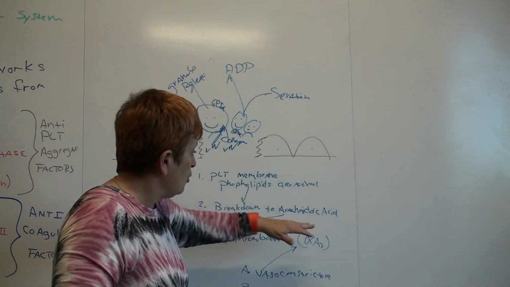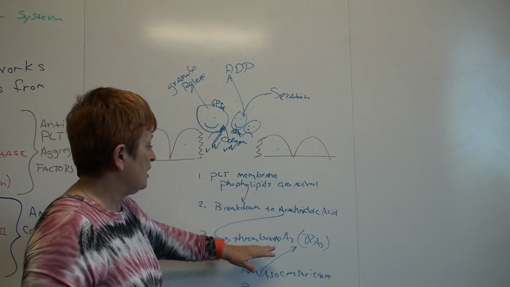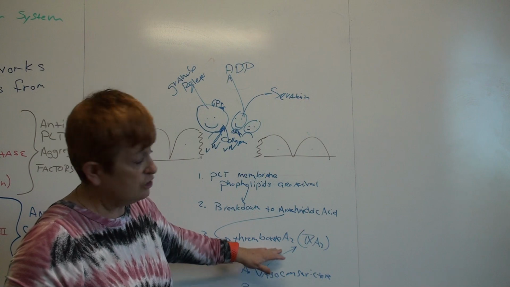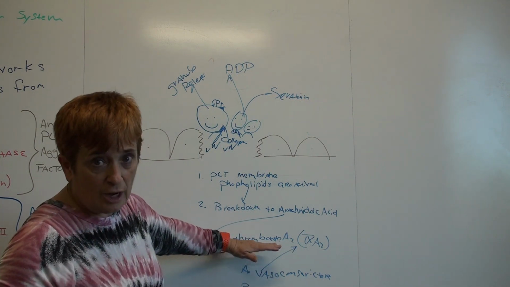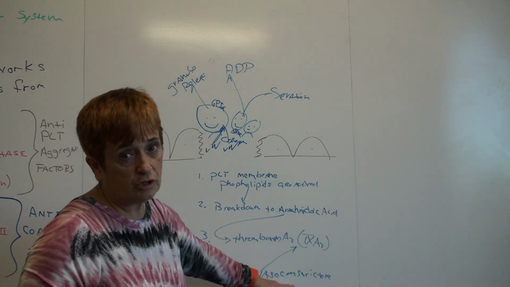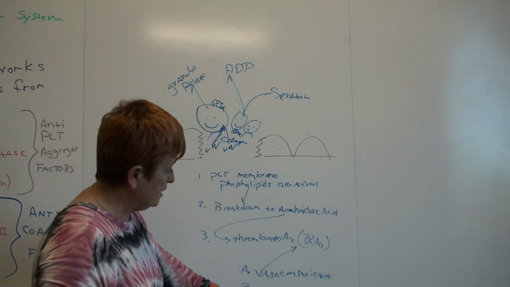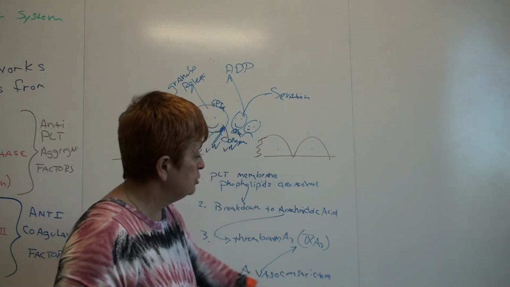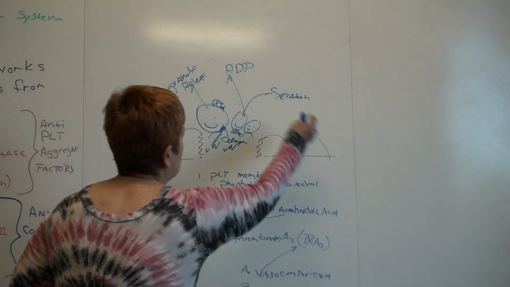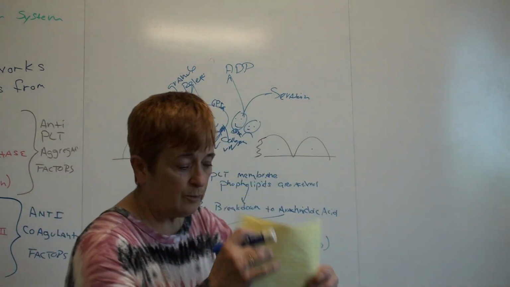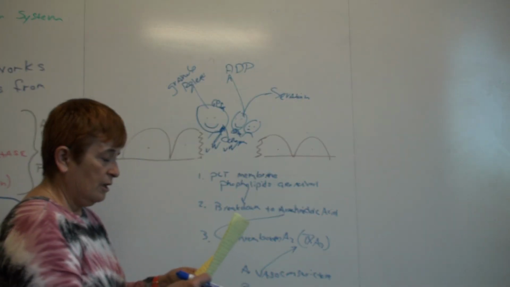Arachidonic acid gets broken down to thromboxane A2. Thromboxane A2 is a vasoconstrictor and a platelet aggregator. So thromboxane A2 is going to go back and bring the platelets together.